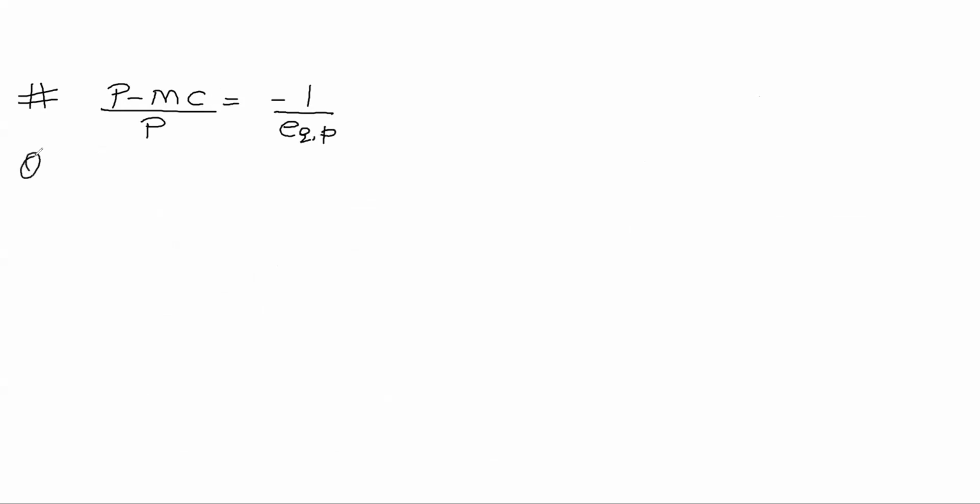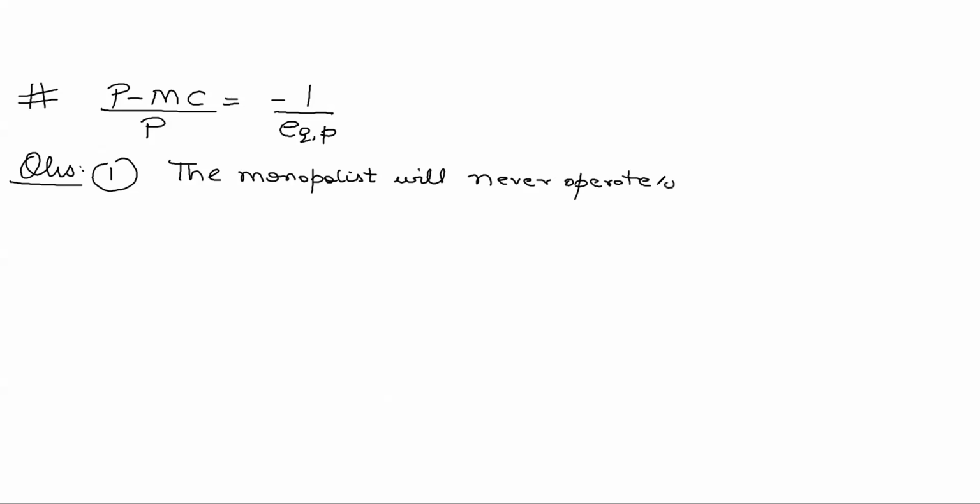We had made some observations, where the first observation was that the monopolist will never operate on the inelastic portion. Inelastic portion means EQP greater than minus 1.